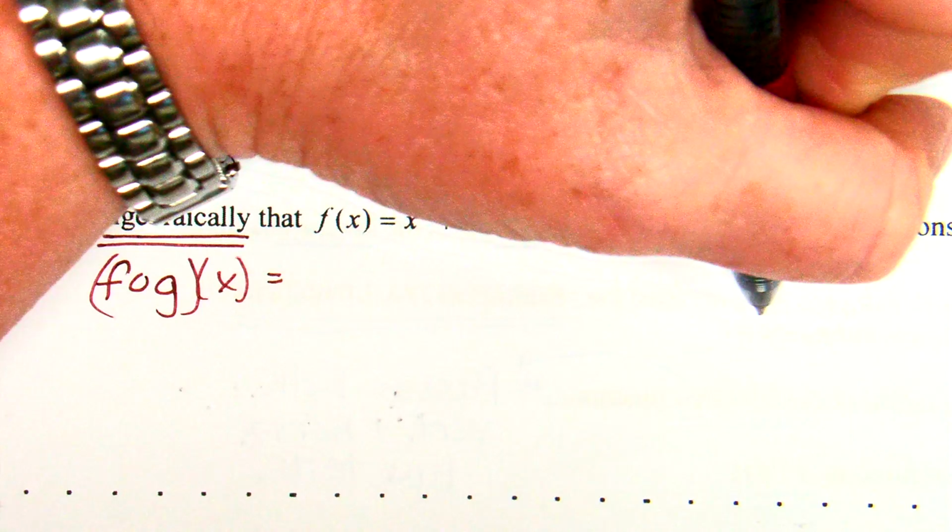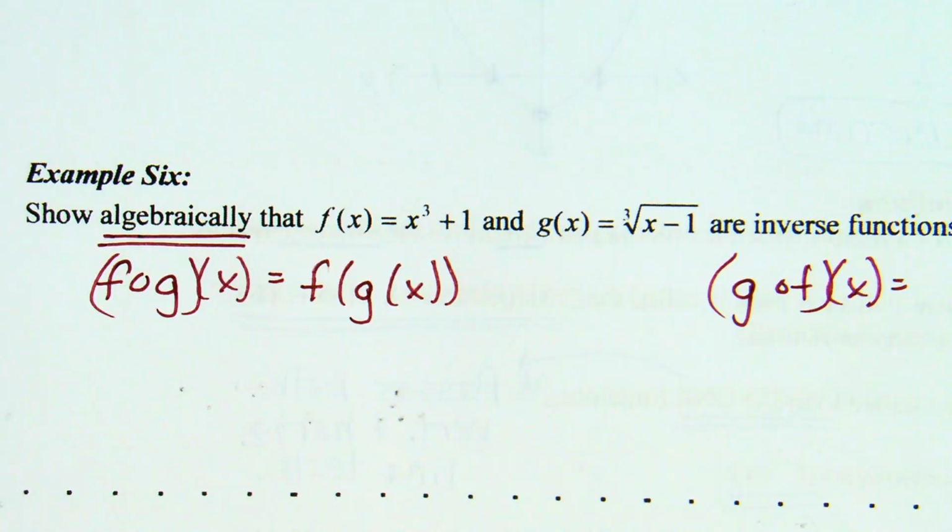Okay, let's worry about f of g first. What does f of g mean to do? f of g of x. So that means g goes into f. Wherever there's an x, you put g into f. So let's see. f is x cubed plus 1.